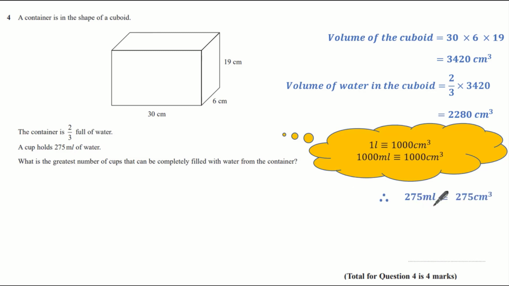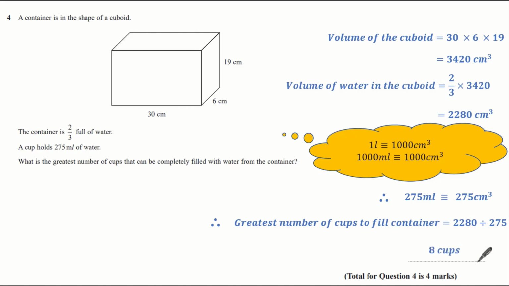So that means 275 milliliters is exactly the same as 275 centimeters cubed. Now, we can find out how many cups can be completely filled with water by simply dividing. So the greatest number of cups to fill the container is the volume of water, 2,280, divided by our 275, which is the volume of our cup. This gives me 8 cups.